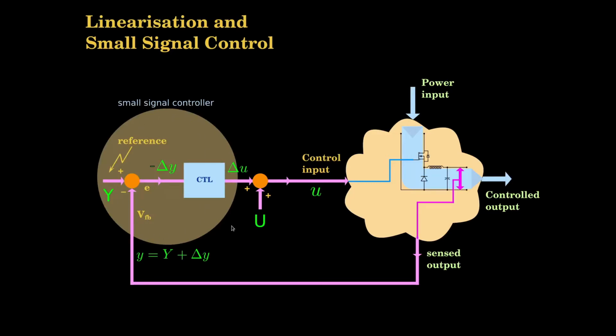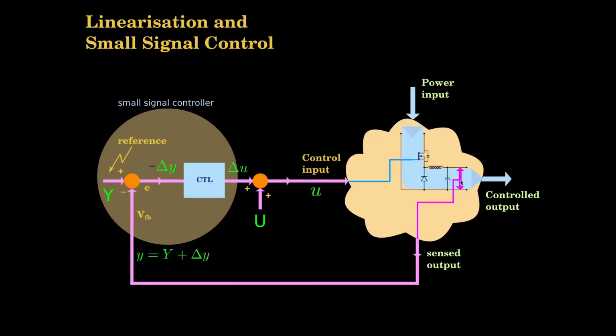Now let us look at a few other components that will go on to make the complete controller. How do we get this reference and how do we get this feed forward part? In this specific example, we are feeding back the output voltage.